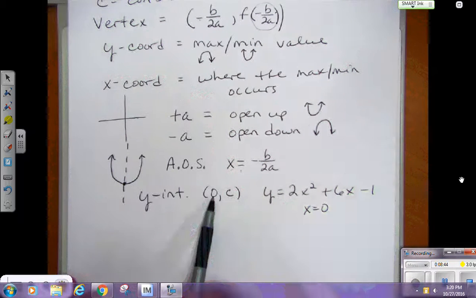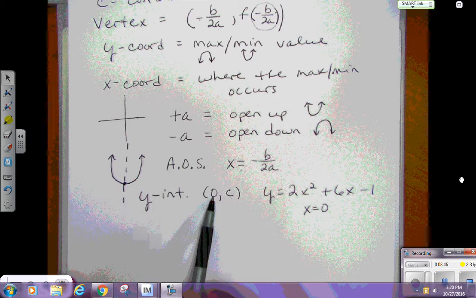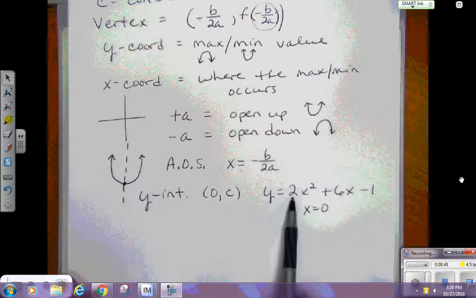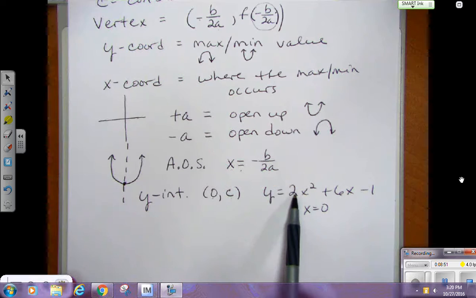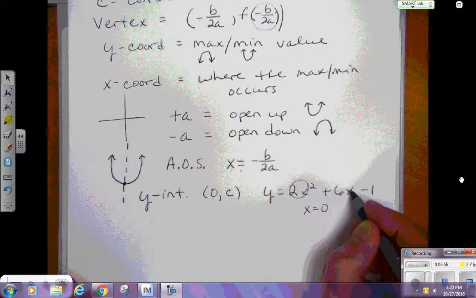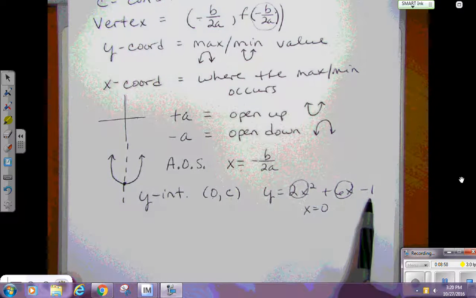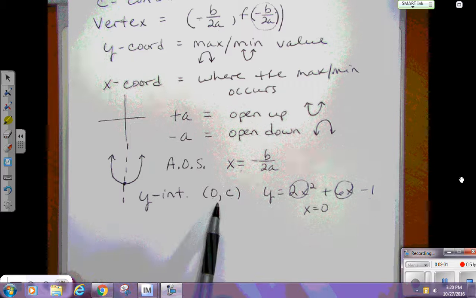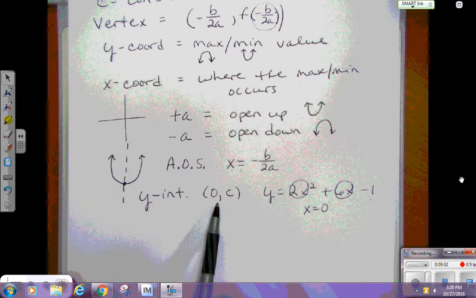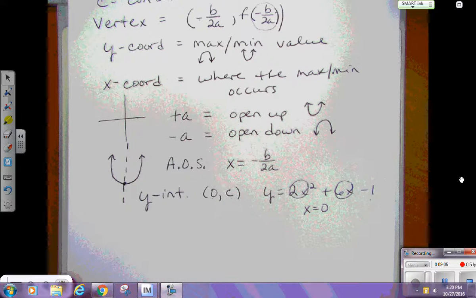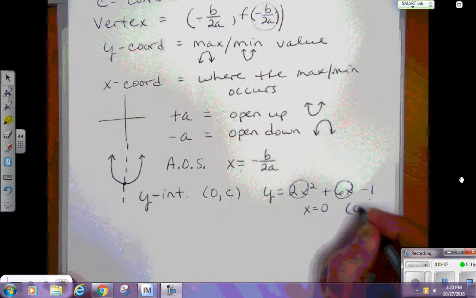So that 0 is never going to change for your y-intercept. Now if I plug that in to this equation, do it the long way, that's going to make this 0, and this is going to be 0. All that's left is the constant. So they're giving you a little shortcut by saying the y-intercept is always going to be 0 and whatever the constant is. In this case, it'd be (0, -1).